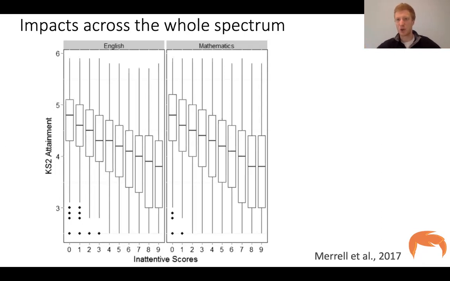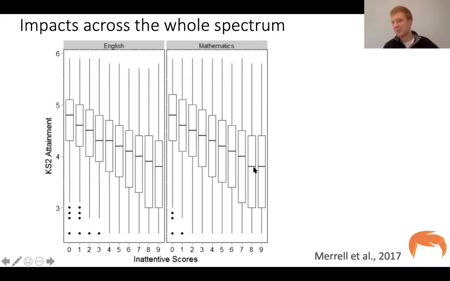It was the clinical conditions, ADHD and so on. And of course, that's a group that is extremely important to focus on. But actually, attention is wider than that. And what you can see from these results is that really there's quite a linear relationship between your attention skills and how well you do in Key Stage 2 here in English and in maths.